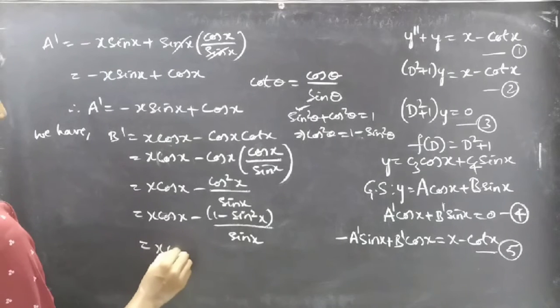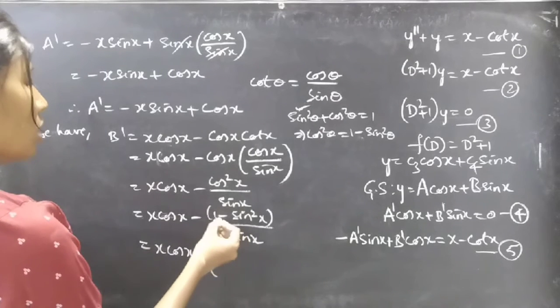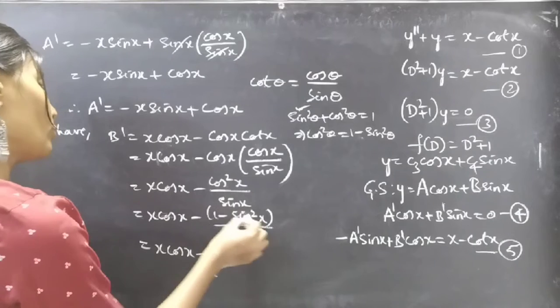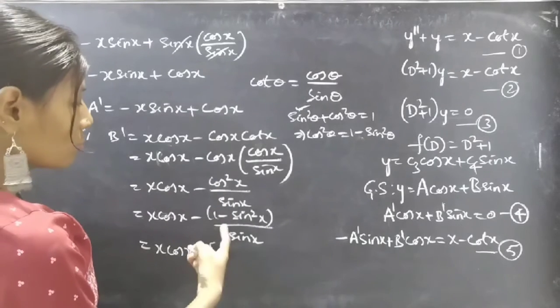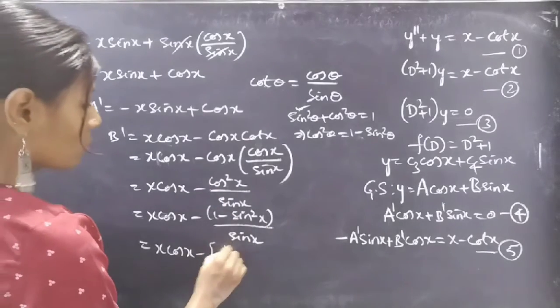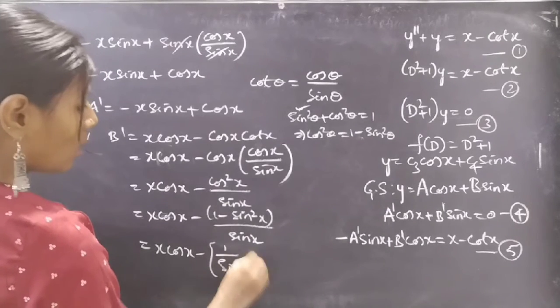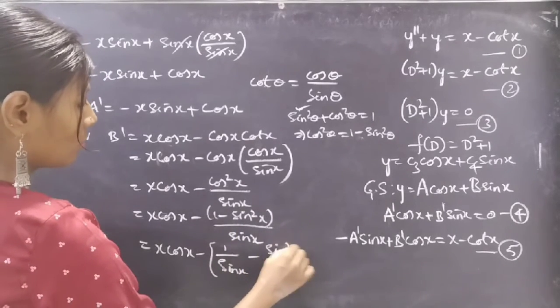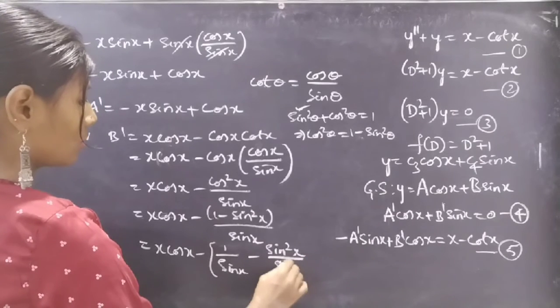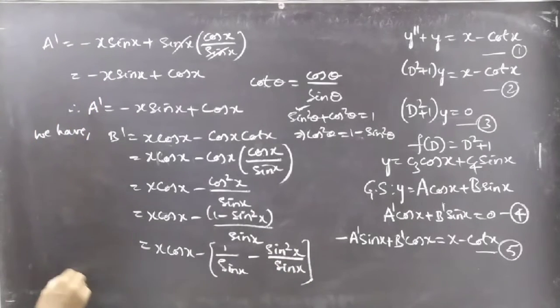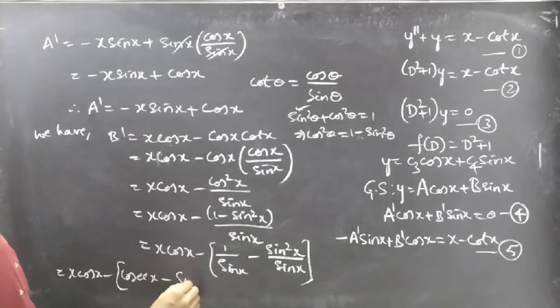This gives us x cos x minus of, in the numerator of the second term we have two terms and in the denominator we have one term. So we can split the total expression into two terms. We'll get 1 by sin x minus sin square x by sin x. Right? This gives us x cos x minus of reciprocal of sin x, which is cosecant x. Sin square x by sin x is sin x, because one sin x gets cancelled from the numerator and denominator as well.